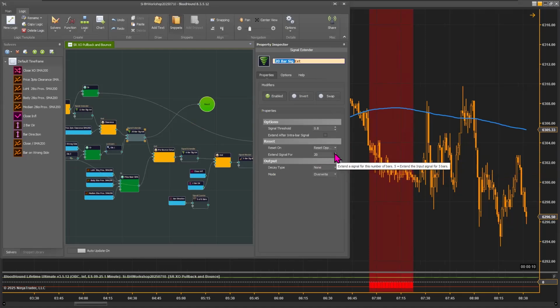So again, this is all subjective. We can increase this to a few more. How many bars did it actually take? 28. Let's go 30. Okay, 30 bars.